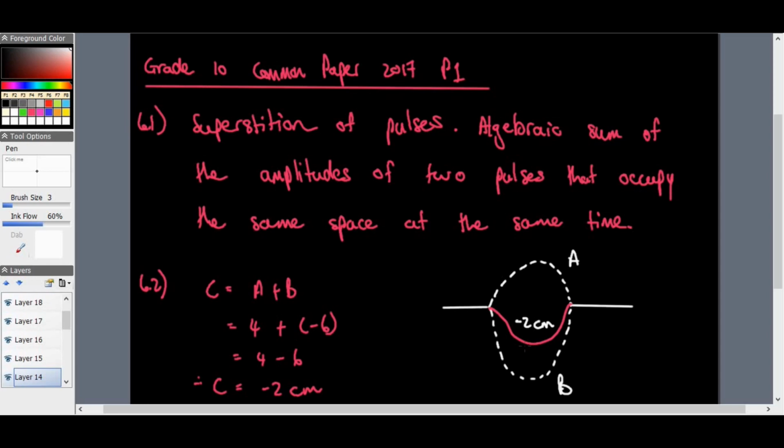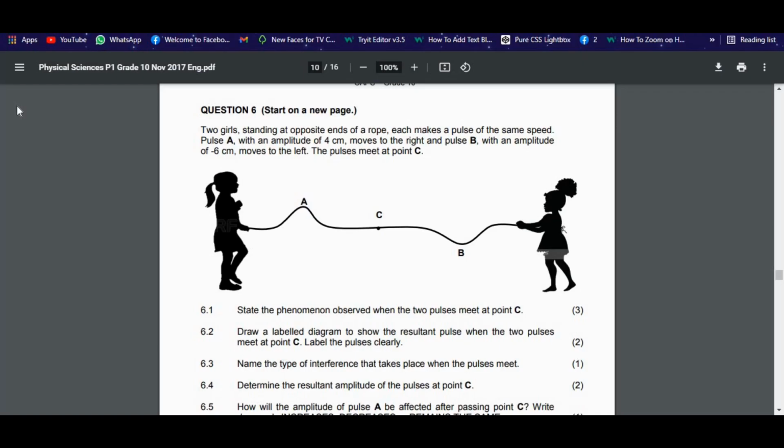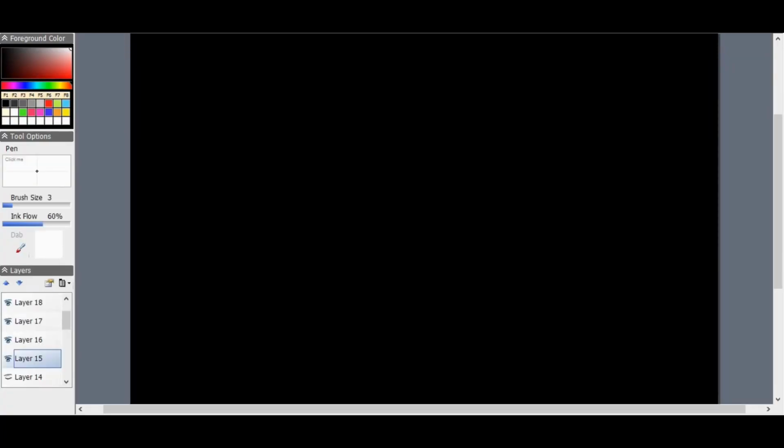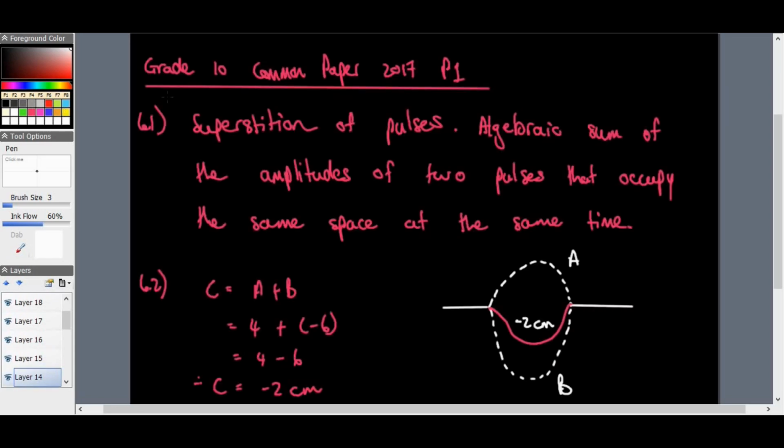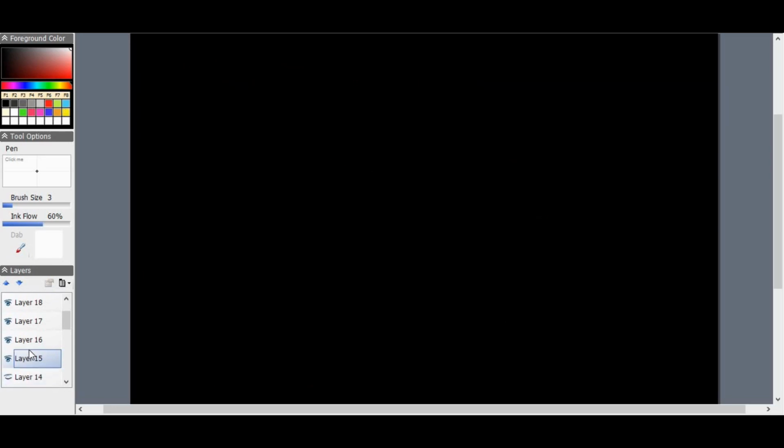Our 6.3 question was: name the type of interference that takes place when the pulses meet. Now they just say name, so name, 1 mark. Alright, so 6.3, let's keep it back in the original maroonish color.